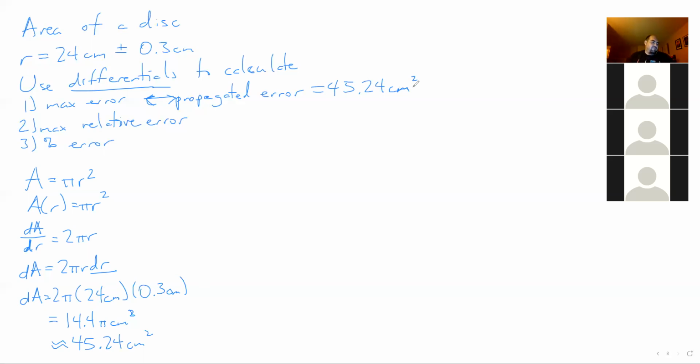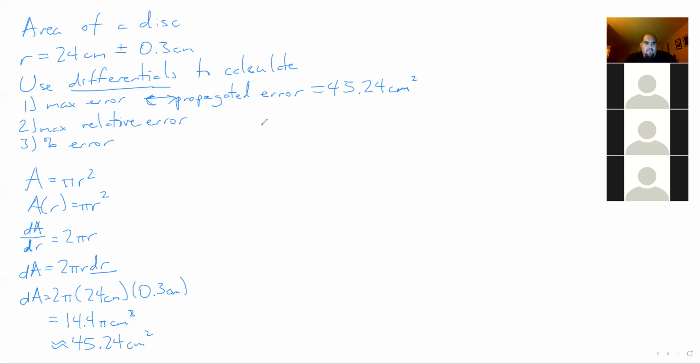Because of this possible error in the measurement that I can actually control, that results in a calculated error of 45.24 cubic or square centimeters that might result from that. We okay on that first part? Yes. Okay. What's the difference between that and the relative error?